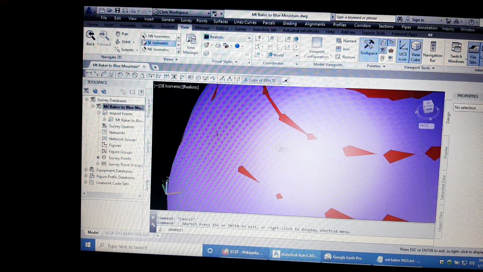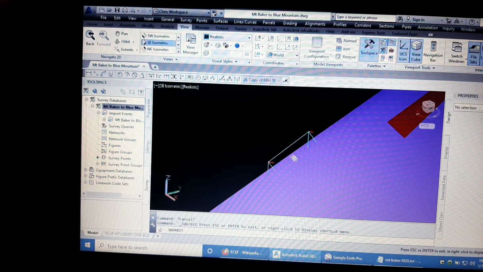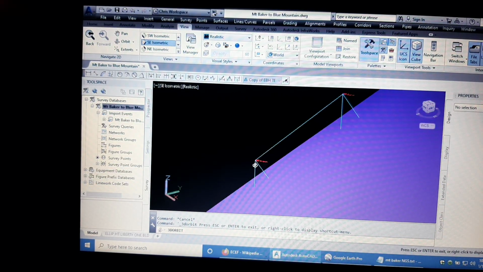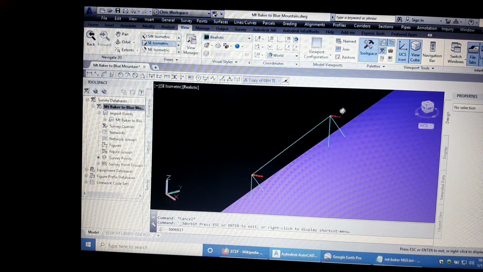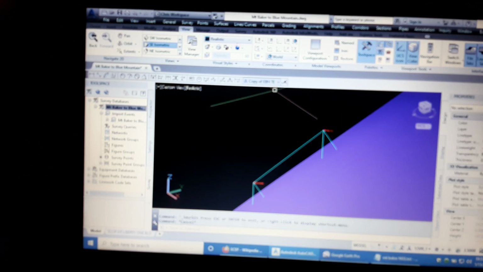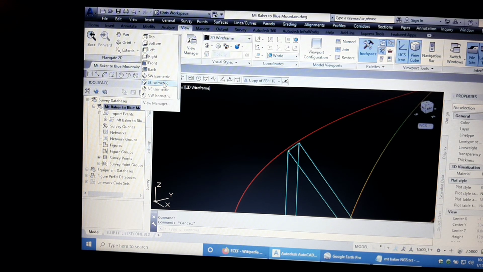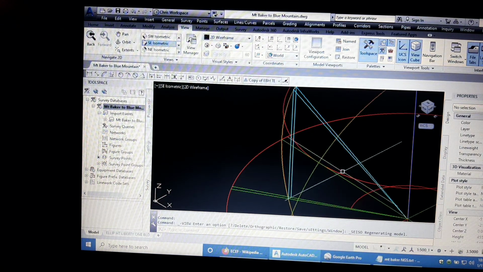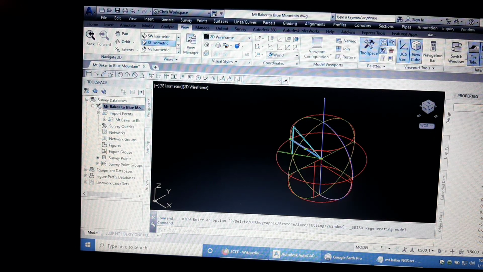Anyways, here we are with those 2 points, and they stick out like little needles. There's Mount Baker and Blue Mountain. So basically this is the equator line, and this is the prime meridian.